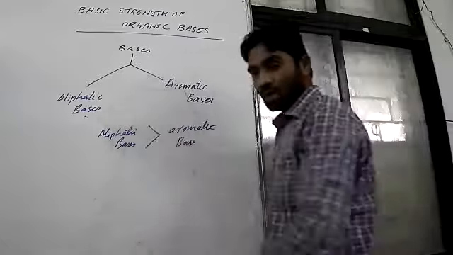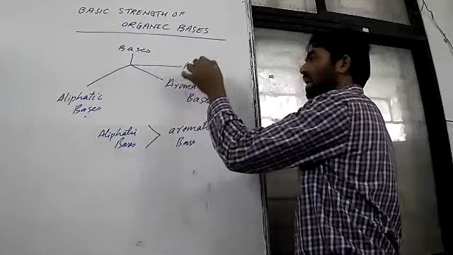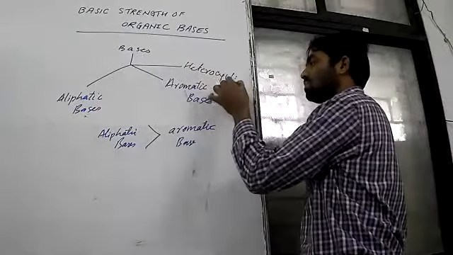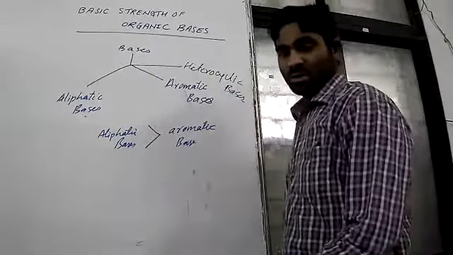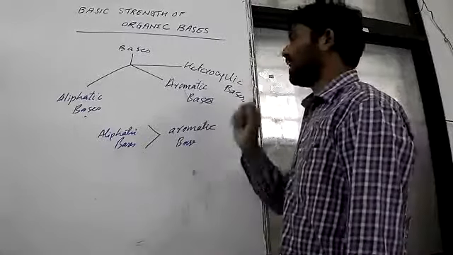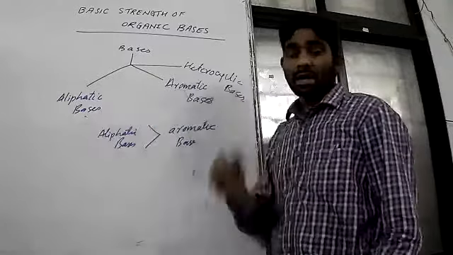So overall, there are two types of bases. One more class is heterocyclic bases. This is the third class, the third type. But two are most important, aliphatic and aromatic.